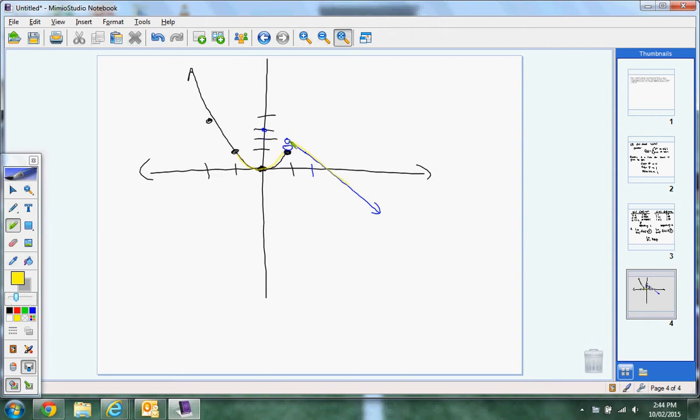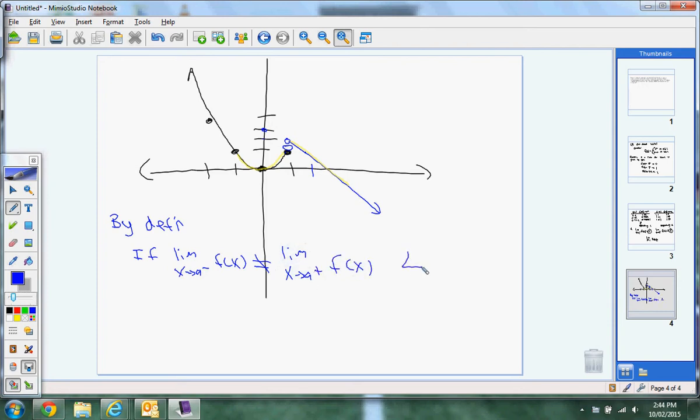Okay, so by definition here, we just kind of restated it, but if you want to write this down: by definition, if the limit as x approaches a from the left of f of x does not equal the limit as x approaches a from the right of f of x, the limit L does not exist.